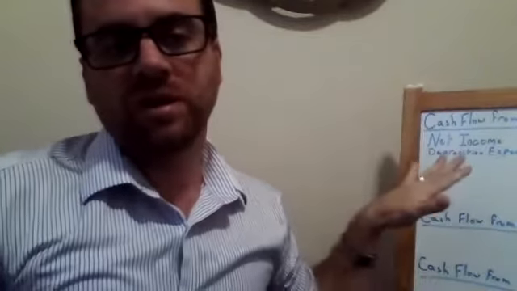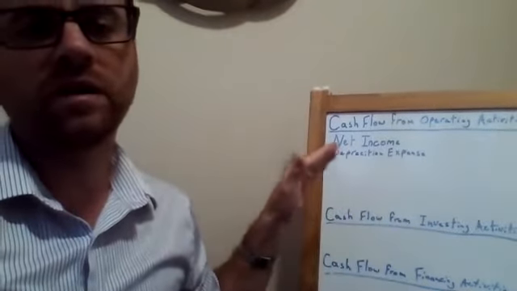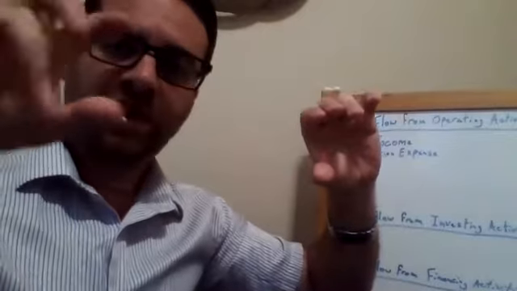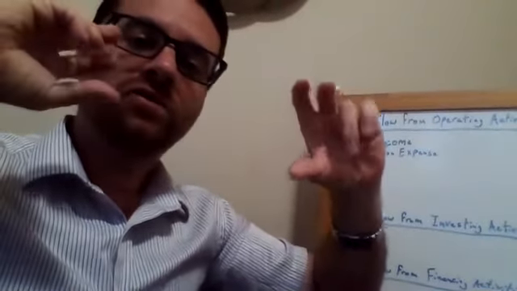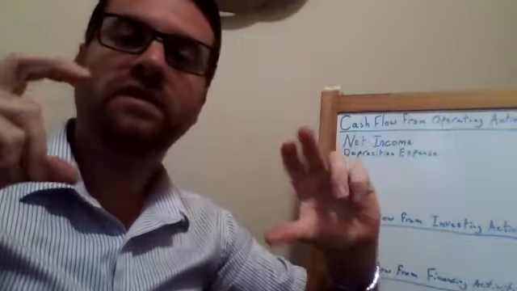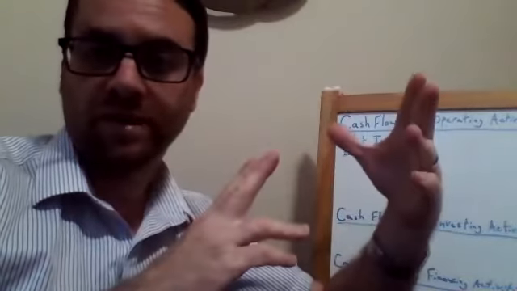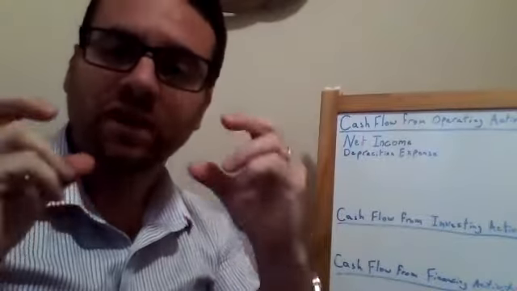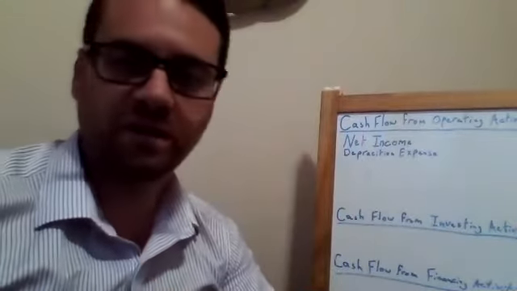So that's what we're doing here in the operating activities. We are going to start with the net income. We take it from the income statement, and we are going to start adjusting that amount from net income accrual basis to net cash received from operation. The actual cash that received from all the hard work that we did at the company.